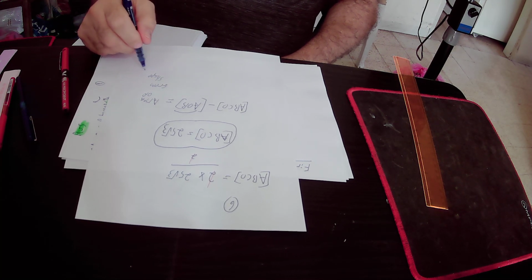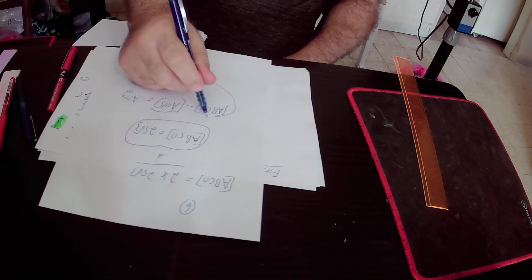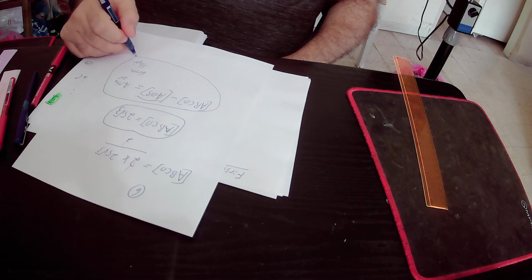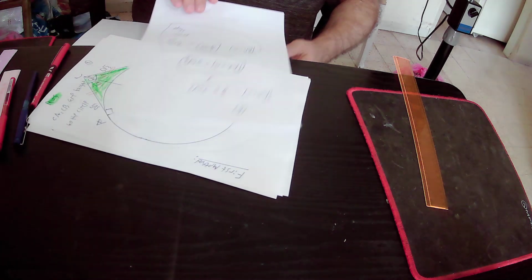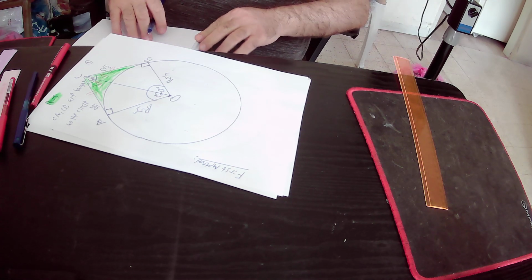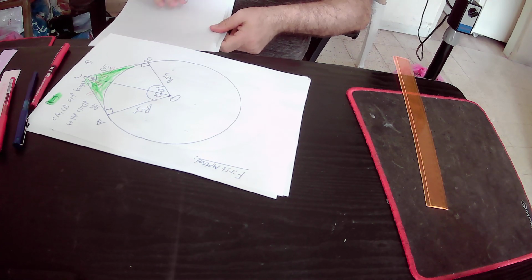Okay, so the only thing that is left to do is to find out the area of sector AOB. It is very simple to find out the area of sector AOB. What is the area of sector AOB?